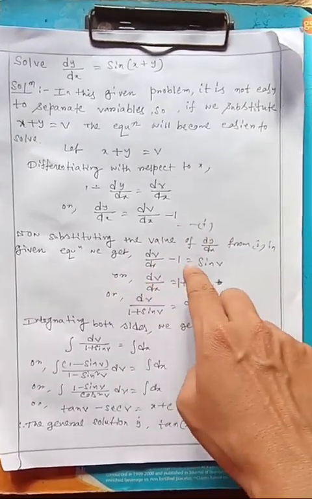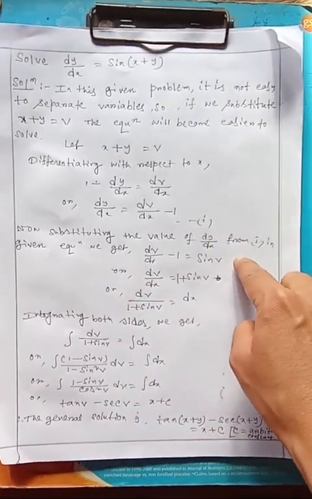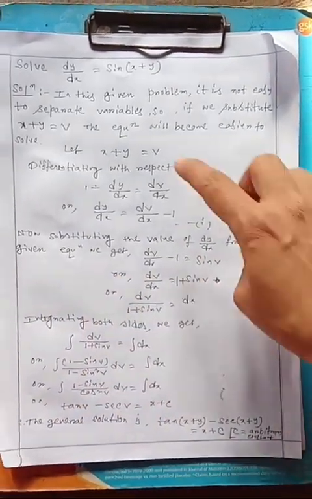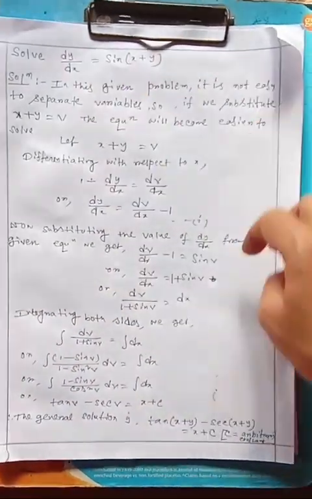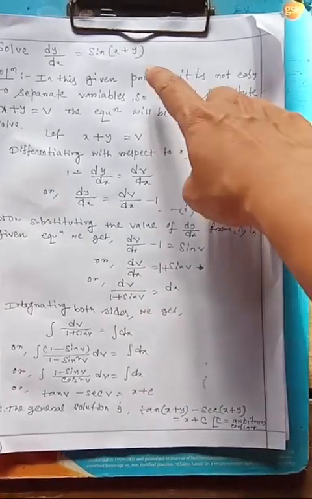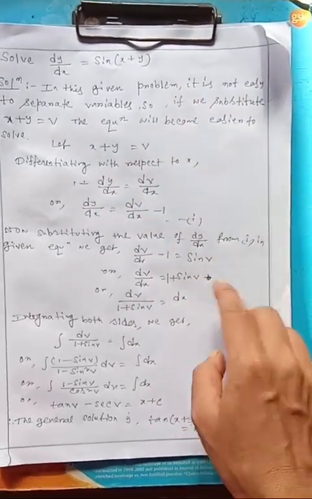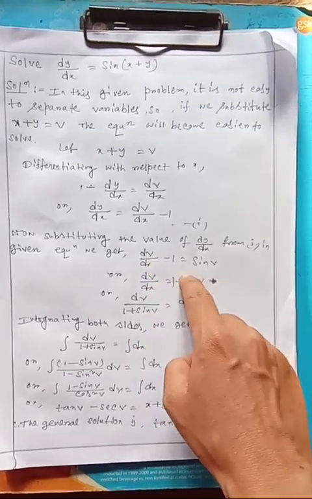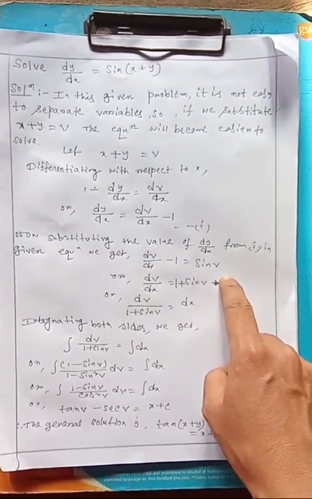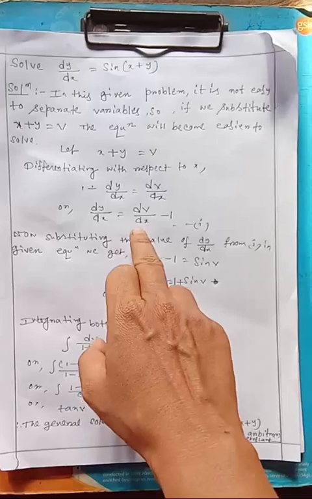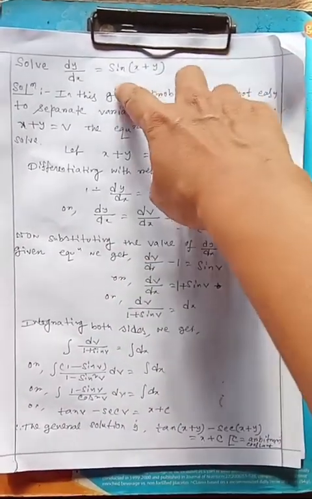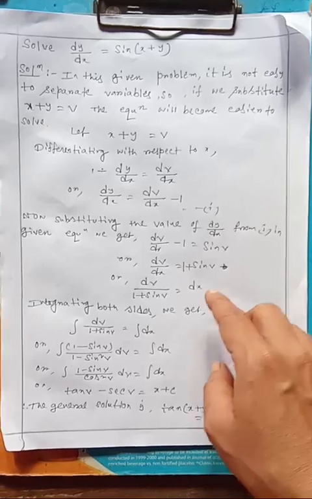Now substituting the value of dy by dx from 1 in the given equation, we get dy by dx is equal to dv by dx minus 1, and sine of x plus y is equal to sine of v. So we can write dv by dx minus 1 is equal to sine v. Because dy by dx is equal to dv by dx minus 1 and x plus y is equal to v, sine of x plus y will become sine v.